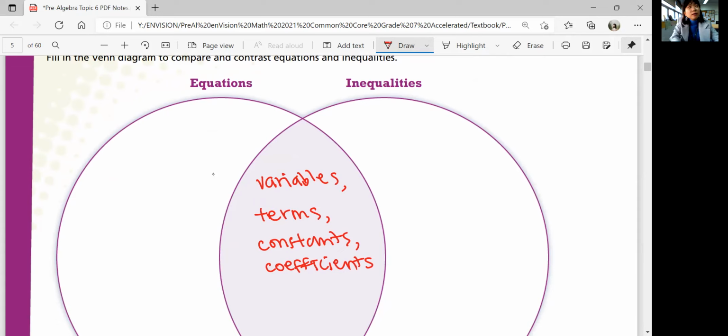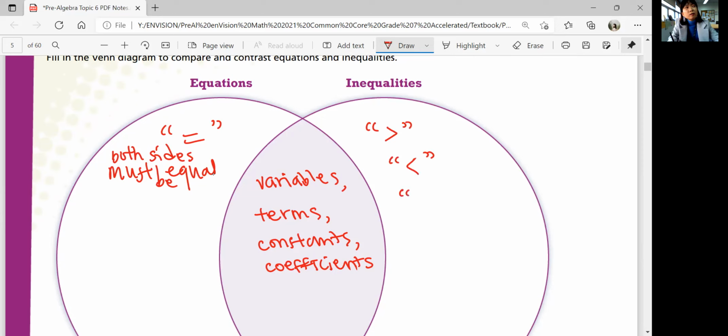Equations have the equal sign, okay? Both sides must be equal. Inequalities though, you use the symbols like greater than, less than, greater than or equal to, or less than or equal to, right?